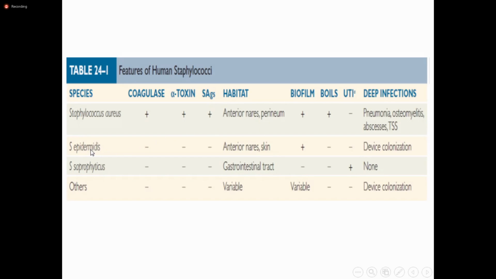Staph epidermidis, coagulase negative, no alpha toxin, no superantigen, present on anterior nares and skin. Can cause biofilm, boils not, UTI not, may contaminate devices, meaning medical devices, anesthesia devices, endoscopy devices, etc. Staph saprophyticus, which is found in nature, is the same as epidermidis: coagulase negative, alpha toxin negative, superantigen negative, present in the gastrointestinal tract.